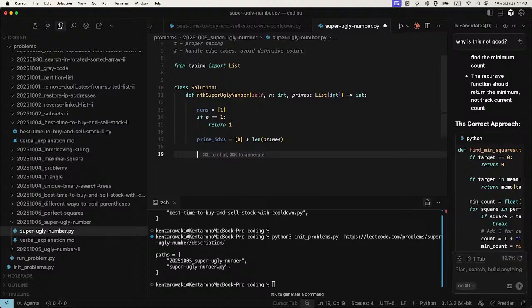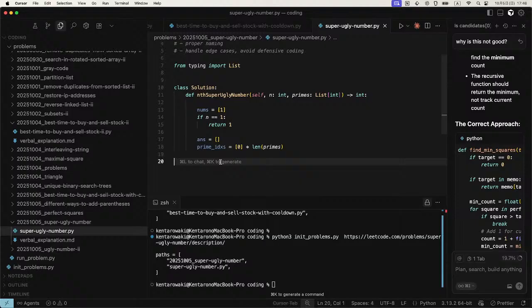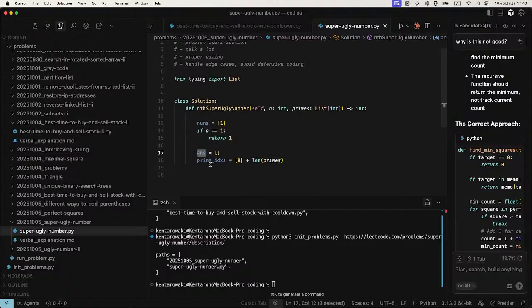It's good. So, for example, we prepare the answer array. Not answer. We return nth number, but we have to prepare the array for storing the super ugly numbers.